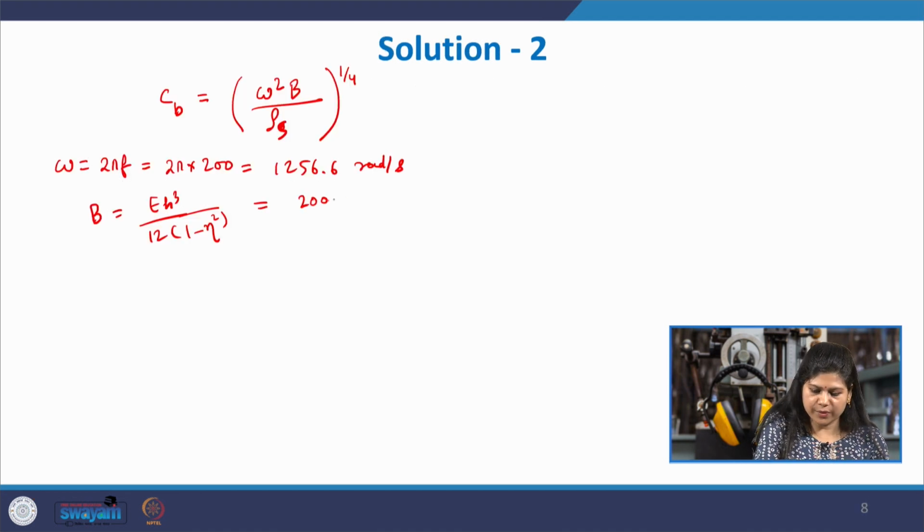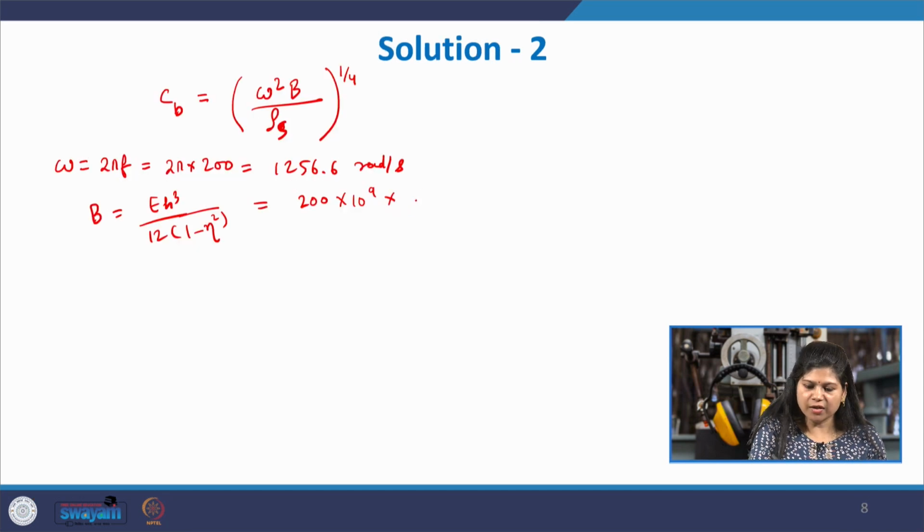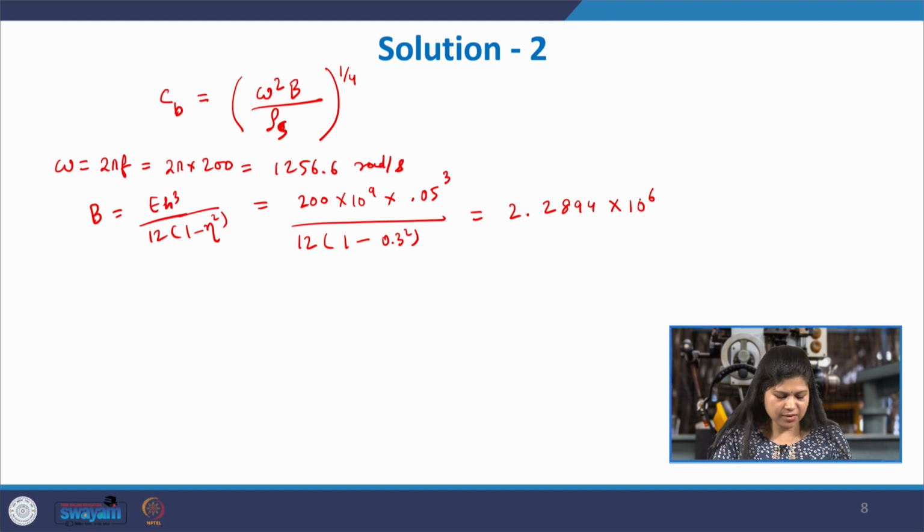So, 200 gigapascals into the thickness of the plate, which is 5 centimeter, converted into SI units becomes 0.05, whole cube, divided by 12 into (1 minus 0.3 whole square). If you solve this entire thing, hopefully you should get this answer, as the bending stiffness in SI units.